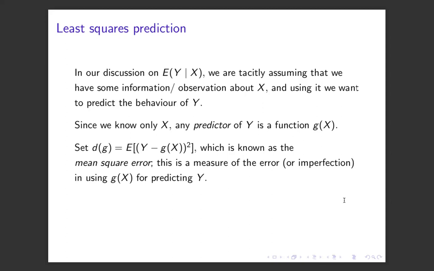And at the other extreme, if x and y are independent, the conditional expectation of y given x is expectation of y. You don't get any information more than what you already know, namely expectation of y. I mean, that also sort of gels well with our intuitive notion of independence.